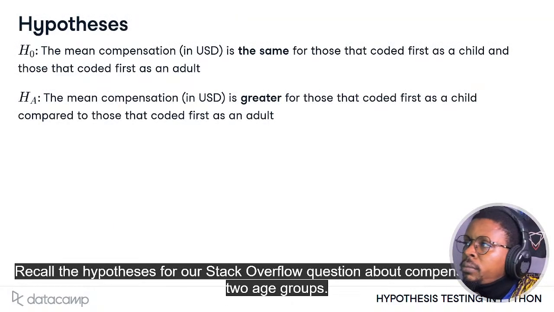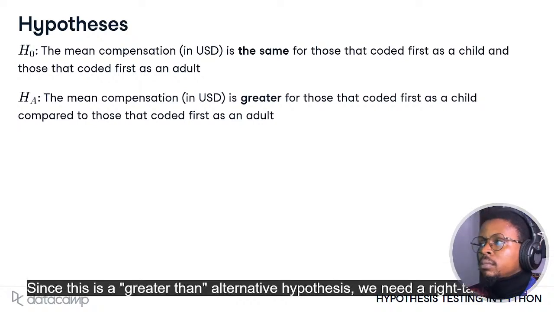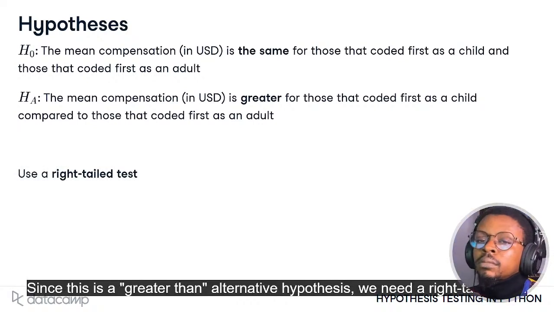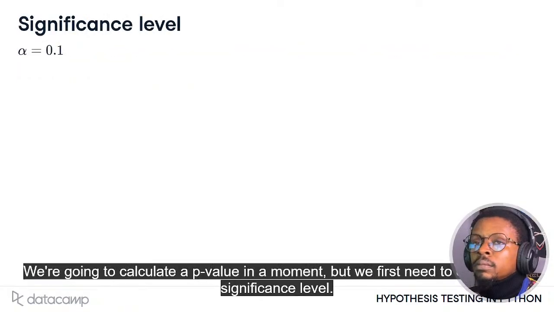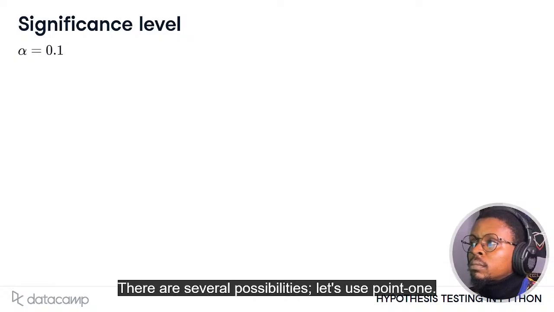Recall the hypotheses for our Stack Overflow question about compensation for the 2 age groups. Since this is a greater than alternative hypothesis, we need a right-tailed test. We're going to calculate a p-value in a moment, but we first need to decide on a significance level. There are several possibilities. Let's use 0.1.